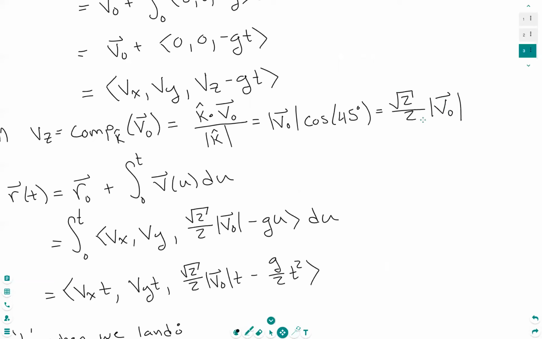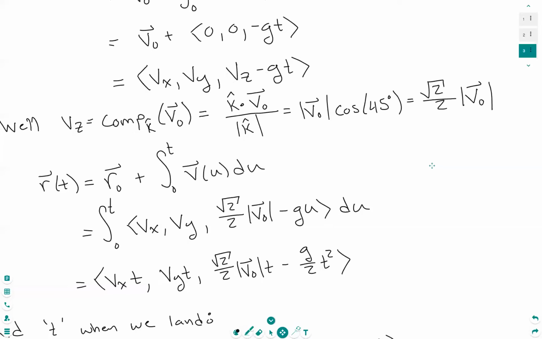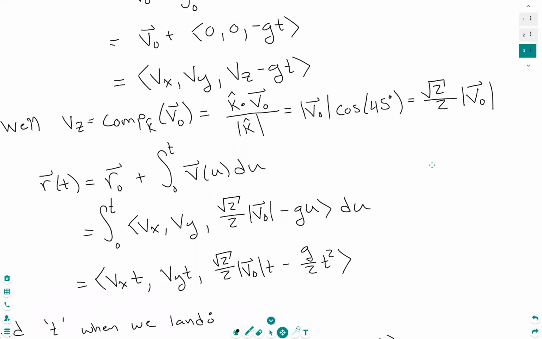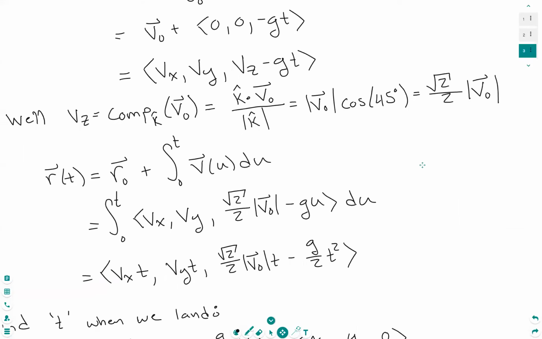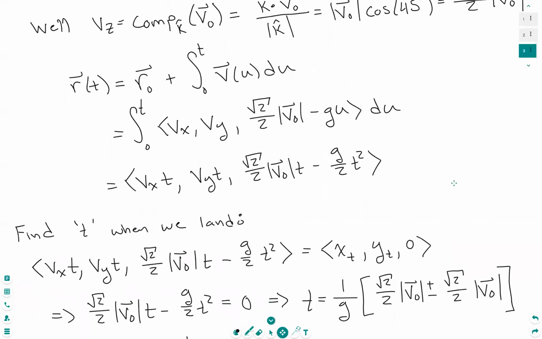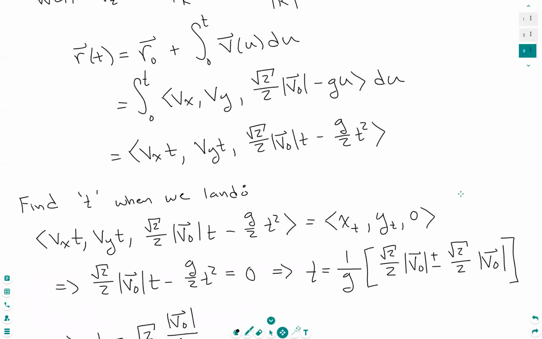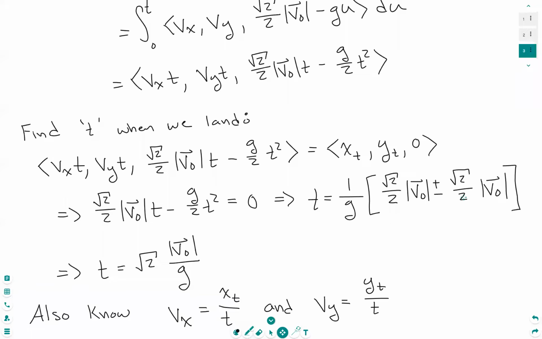And if we square that, we get 1/2 the magnitude of V naught squared. Just kind of scroll through, and then we can move on to the next part.